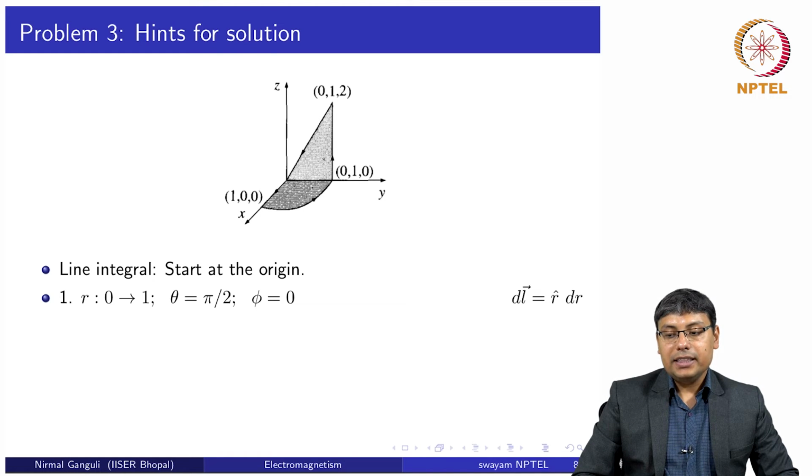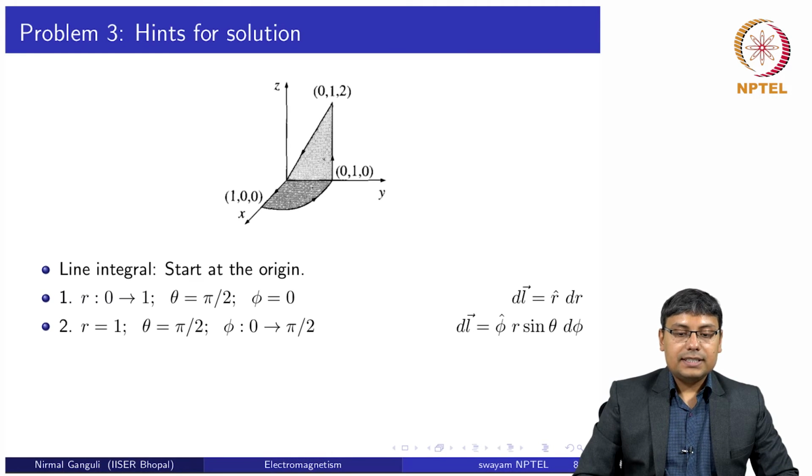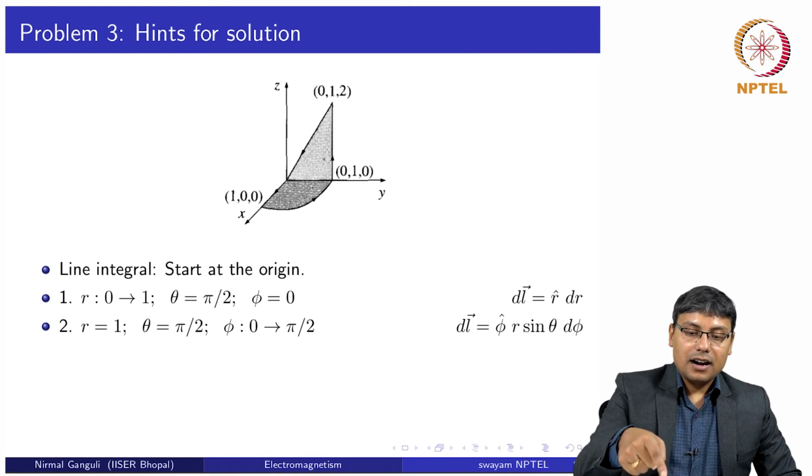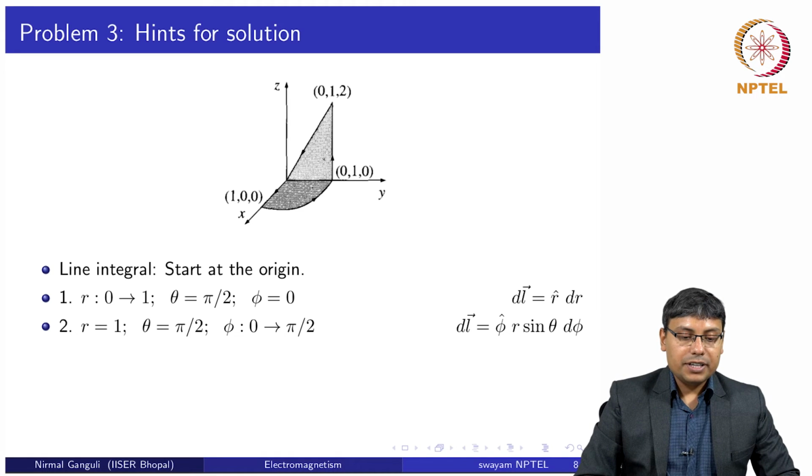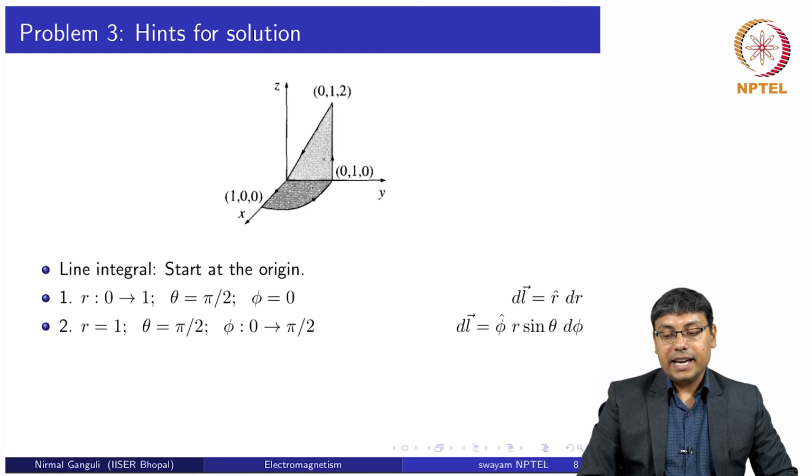So dl, the line element, is r cap dr. On the second, that is the arc that we have on xy plane, r is fixed, that is 1, theta is pi by 2, that is also fixed, and phi ranges from 0 to pi by 2. So dl, the line element, is phi cap r sin theta d phi.